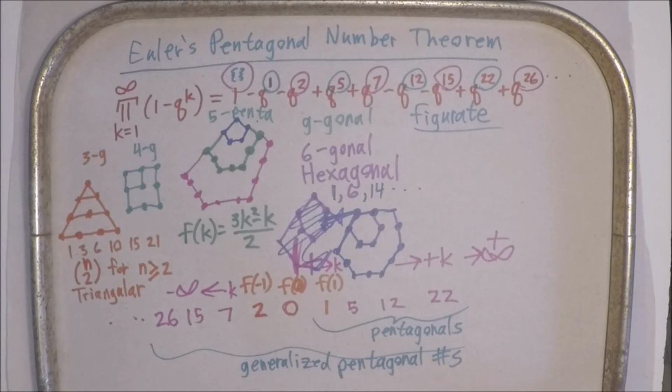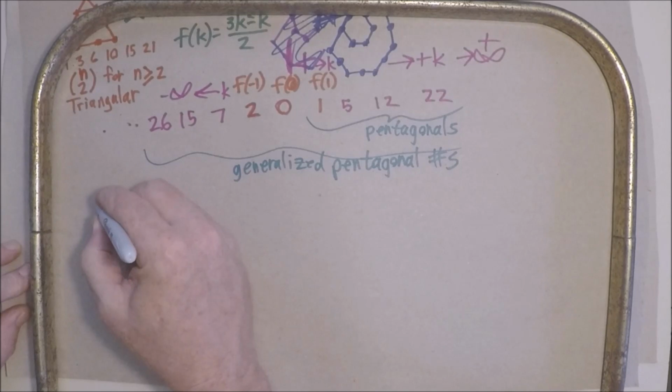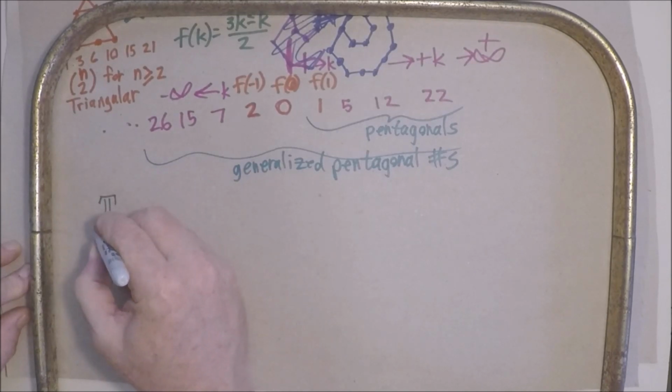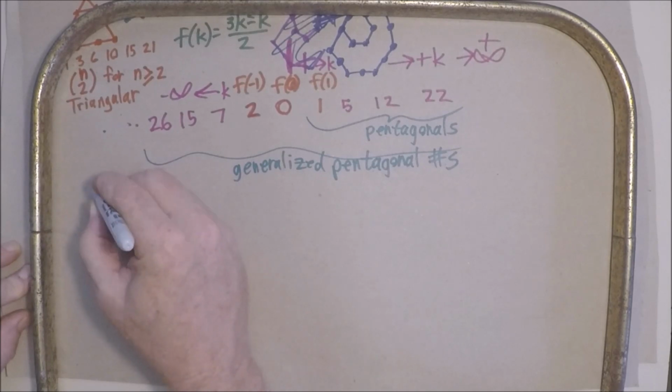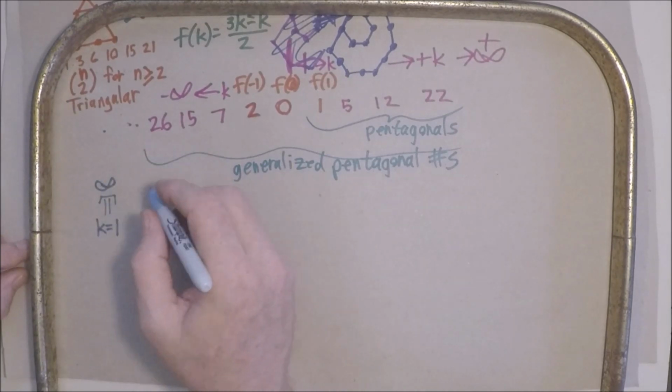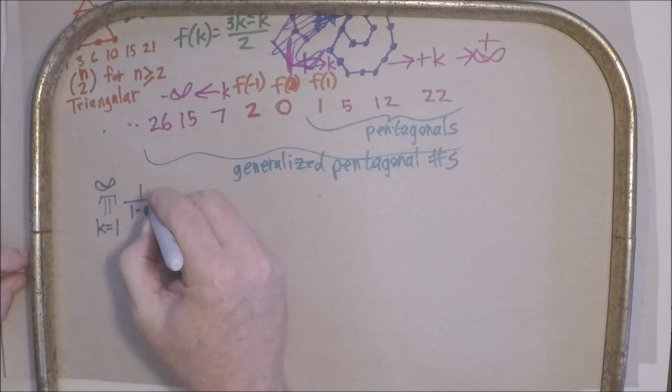So let's take a look at the second part of it. The second part of Euler's pentagonal number theorem is the inverse of what we had, 1 over 1 minus q to the k.